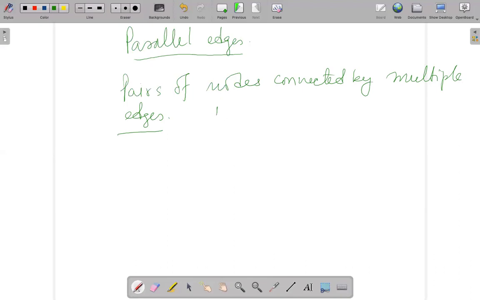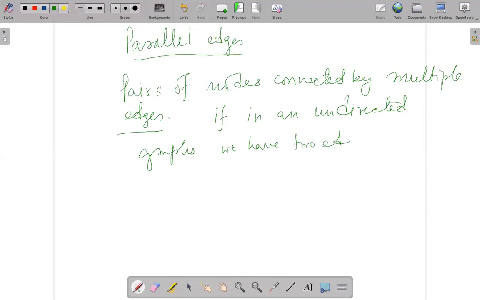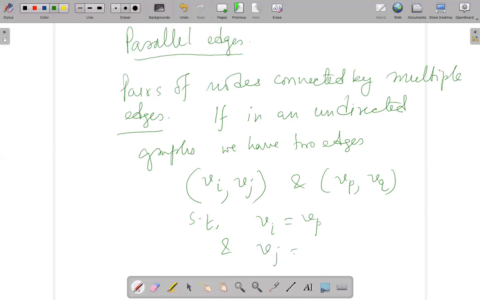So if in an undirected graph we have two edges, say Vi, Vj and Vp, Vq, such that Vi is equal to Vp and Vj is equal to Vq, then these two edges are parallel edges.